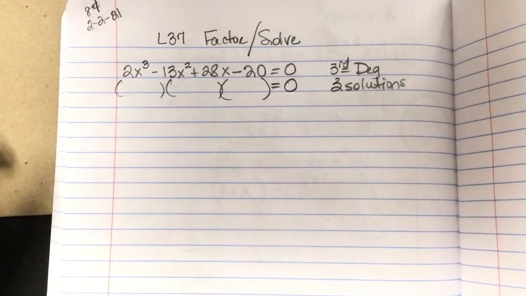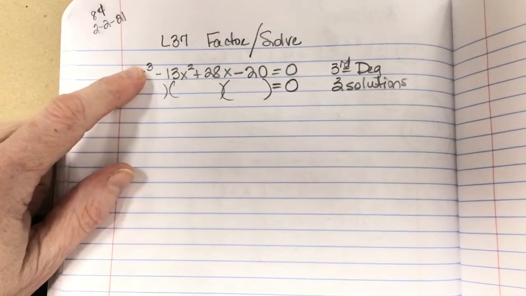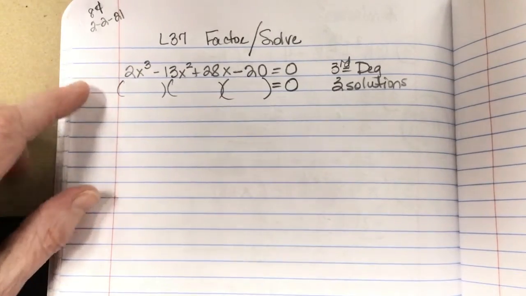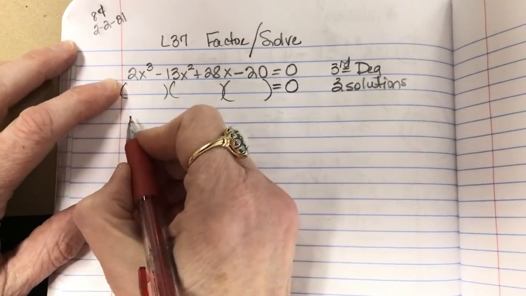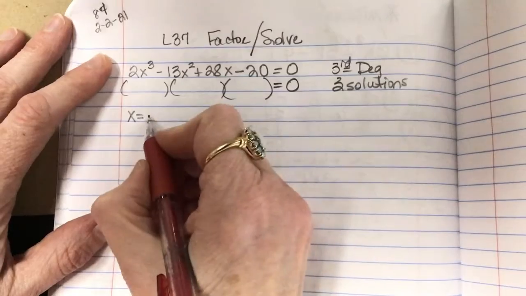Now, you can go about it different ways of finding these things, but you got to have something to get it to where you can use the quadratic formula. So I'm going to make it easier by going below here, and I'm going to give you one of the solutions. I'm going to tell you that x equals 2.